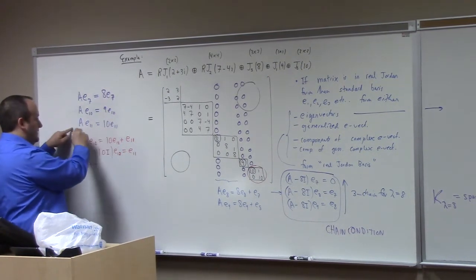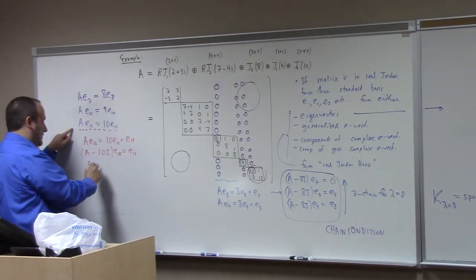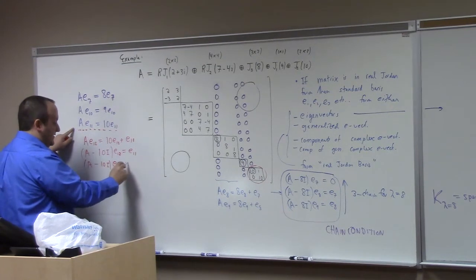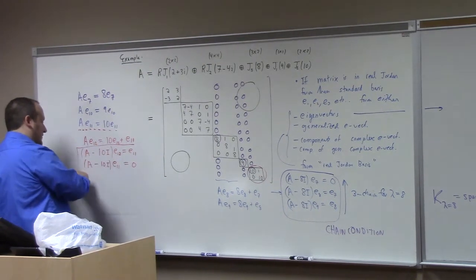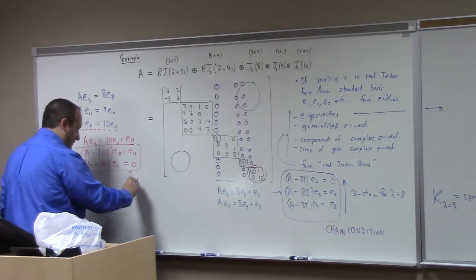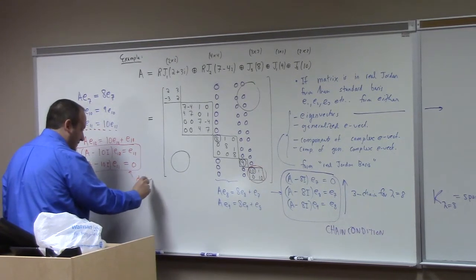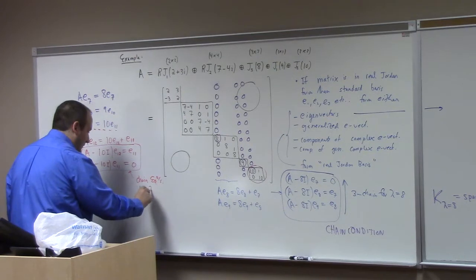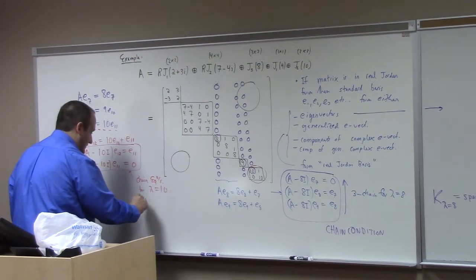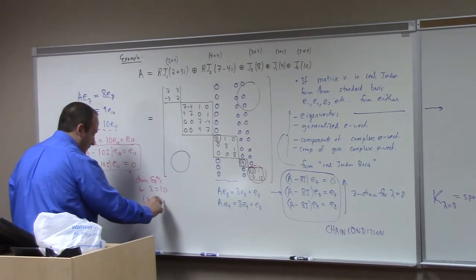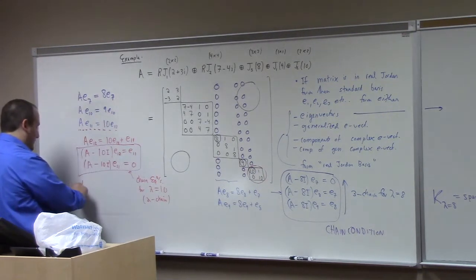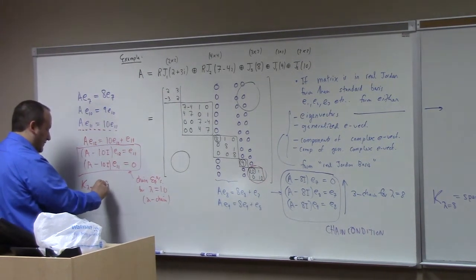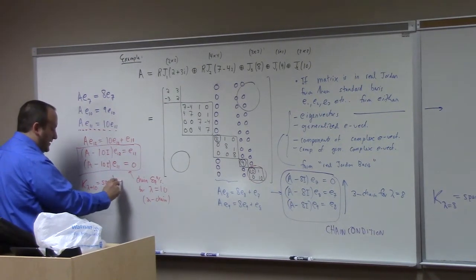And this dotted equation right here already told us that A minus 10I times E11 is equal to 0, so you look at these two conditions together. These are the chain conditions for lambda equals 10. It's a 2-chain. For what it's worth, the generalized eigenspace for lambda equals 10 would be the span of E11 and E12.